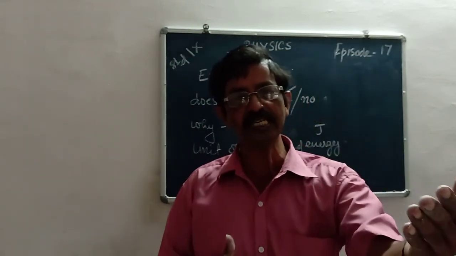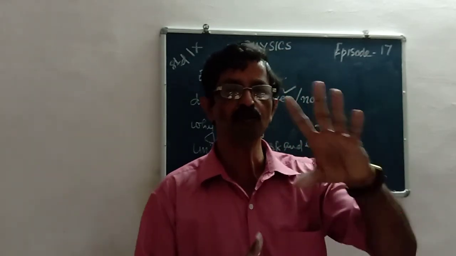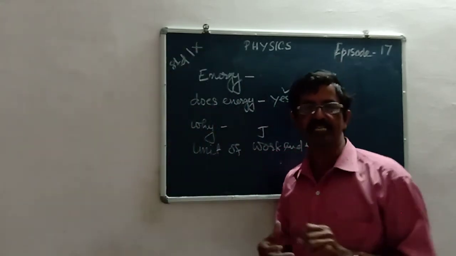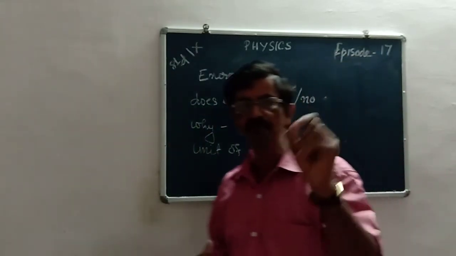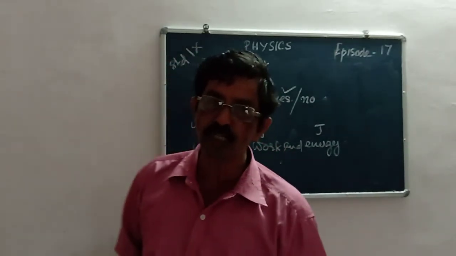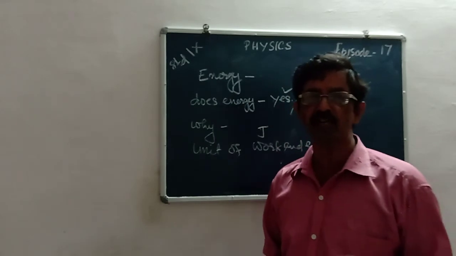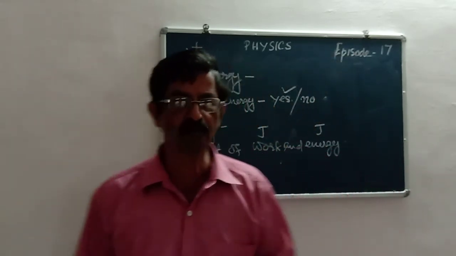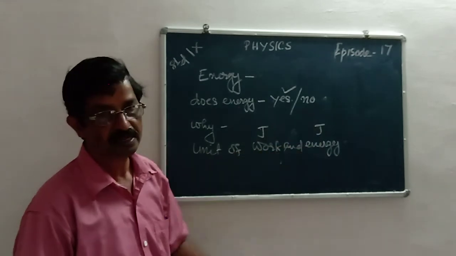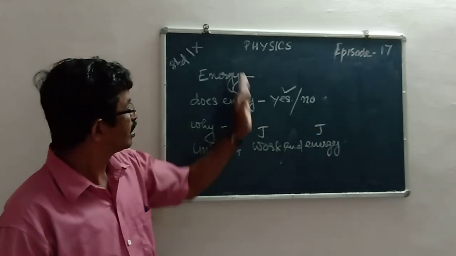So actually energy is changing to work, so both of them have the same unit. This unit is named after James Prescott Joule, a scientist who gave many contributions to science. So joule is taken.